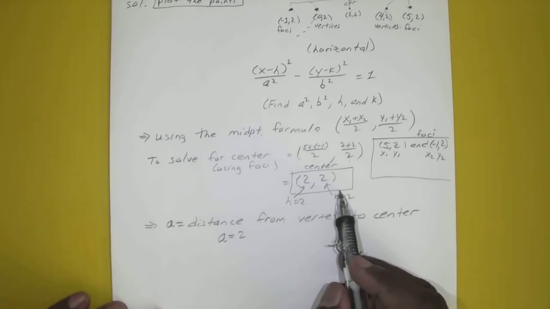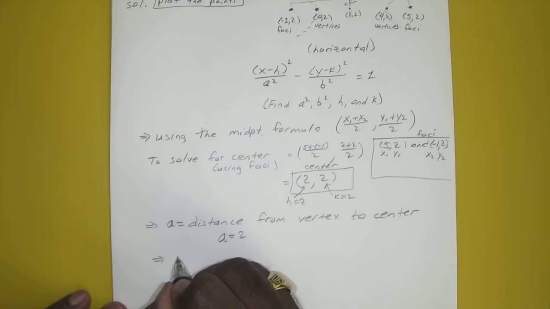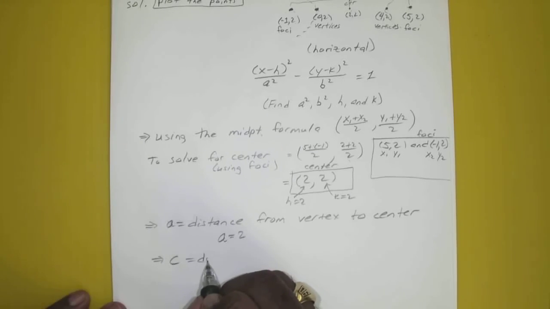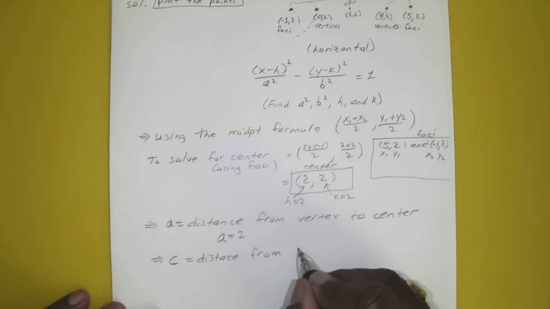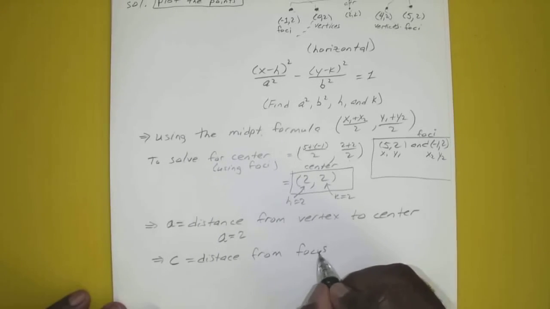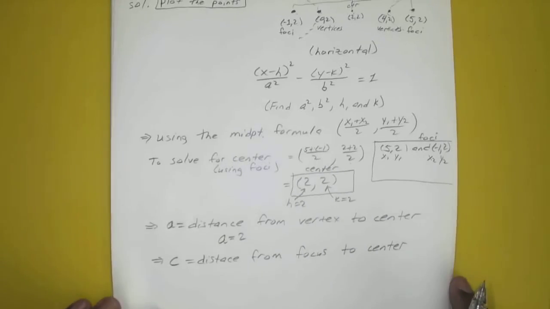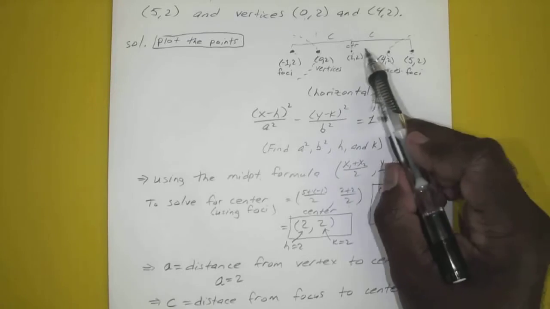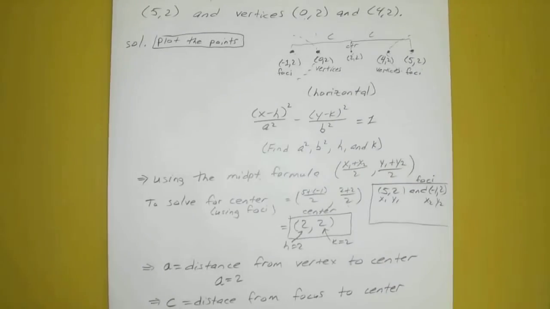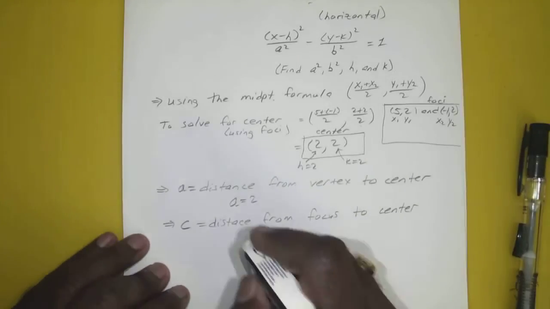Okay, and we already figured out that the distance from our focus points to center is C. So C equals distance from focus to center. Okay, so we know our focus is from x equals 5 to x equals 2, so we know that's a distance of 3.